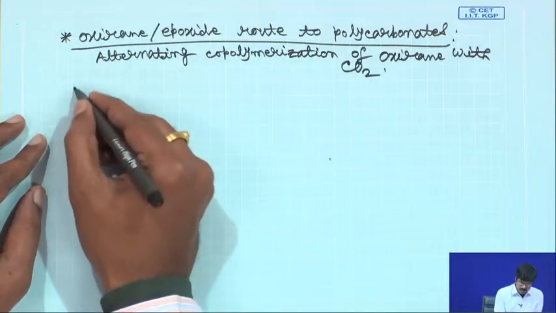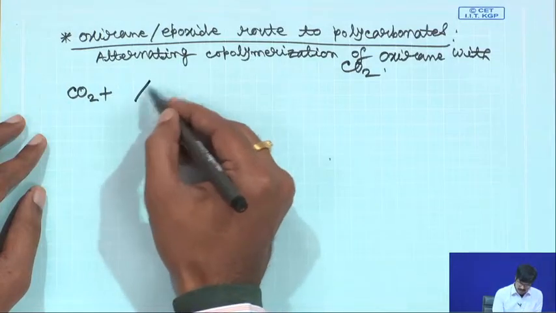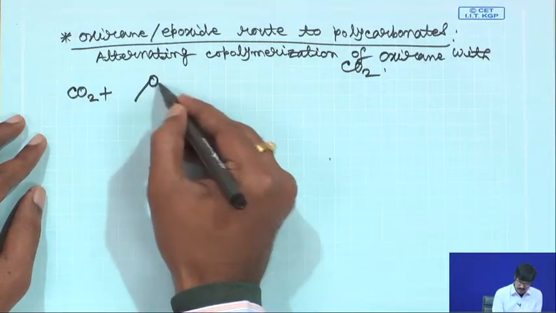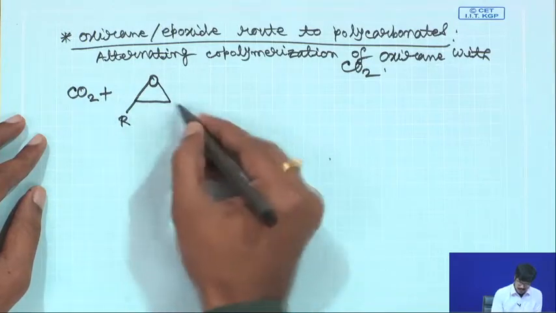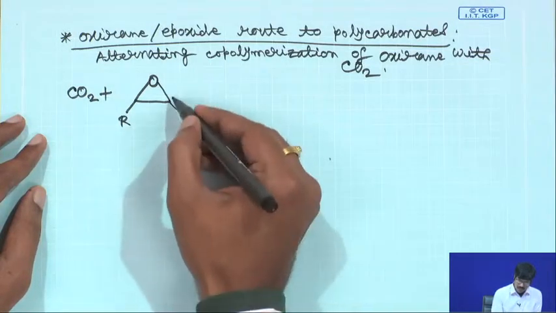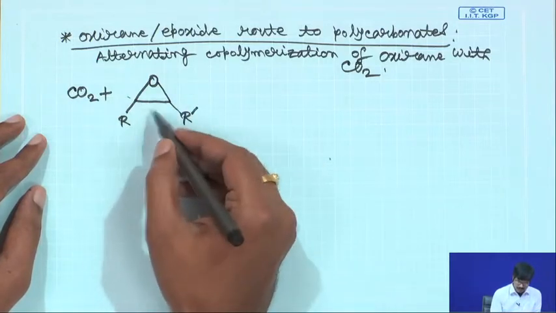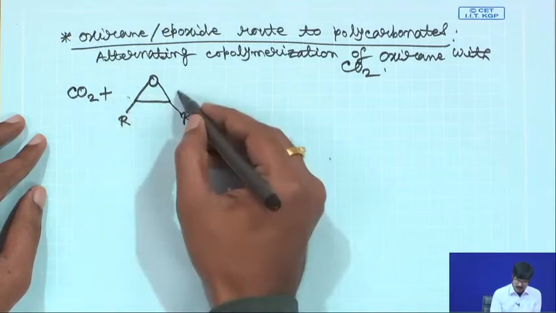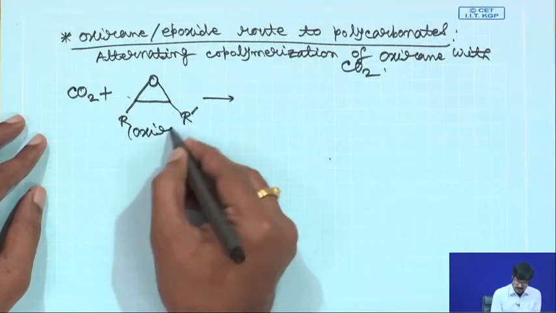So, typically the process is something like this. You have carbon dioxide, you are reacting with an epoxide. Now, I am not showing the other two bonds, they are basically hydrogens. There is one hydrogen here, one hydrogen here. So, this is your oxirane or epoxide.